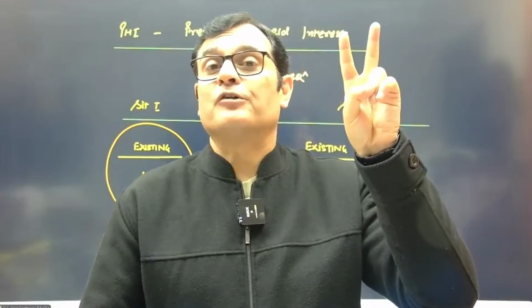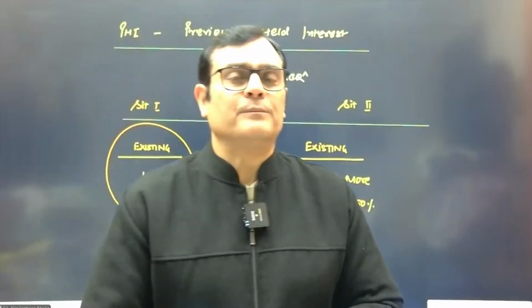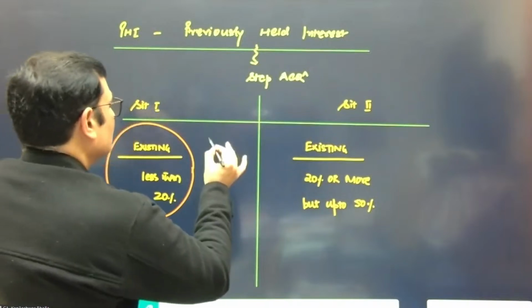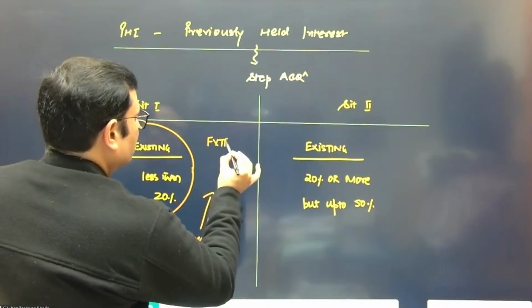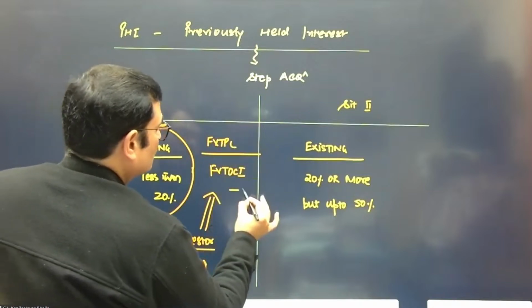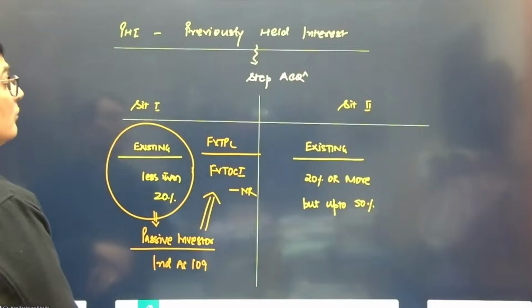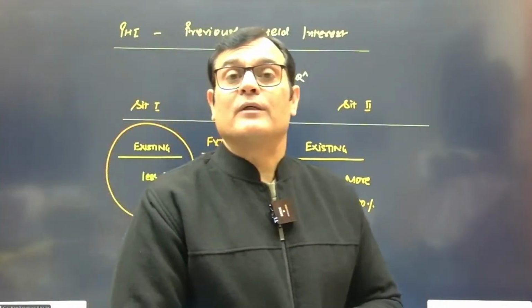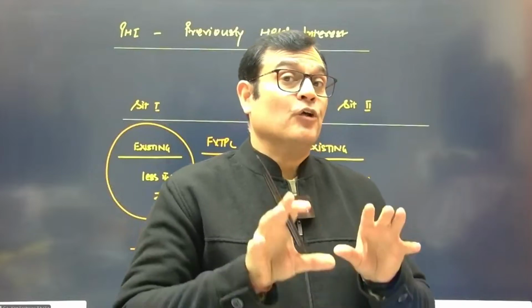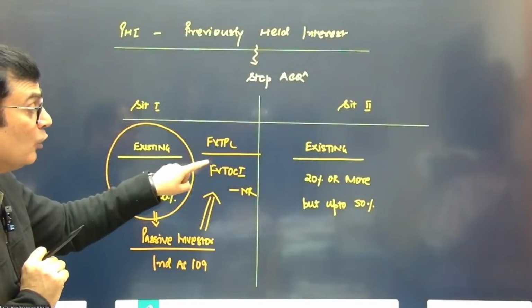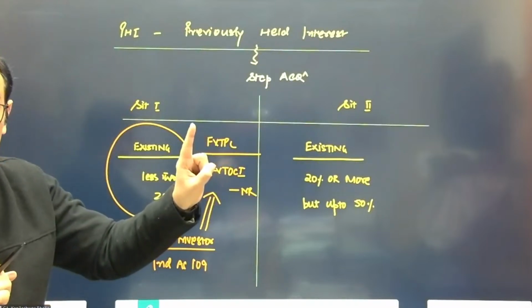But if they're not held for trading, then the FVTOCI option was also available. Which means that the acquirer must have accounted for these investments at FVTPL, or at FVTOCI, and equity investment is always no recycling. So he might have accounted for these investments either at FVTPL, or at FVTOCI NR.